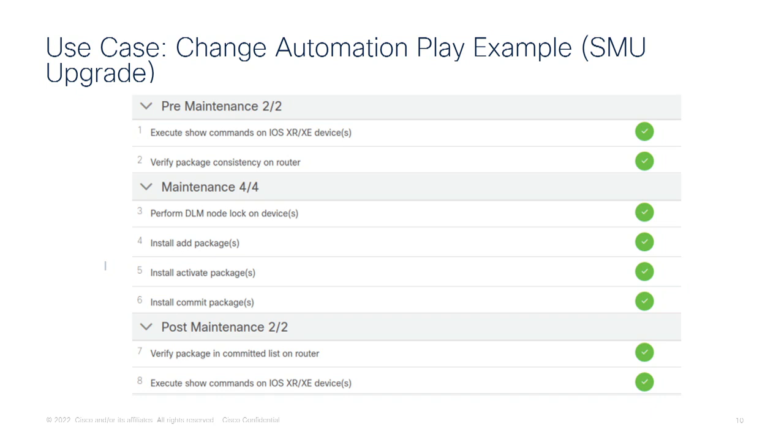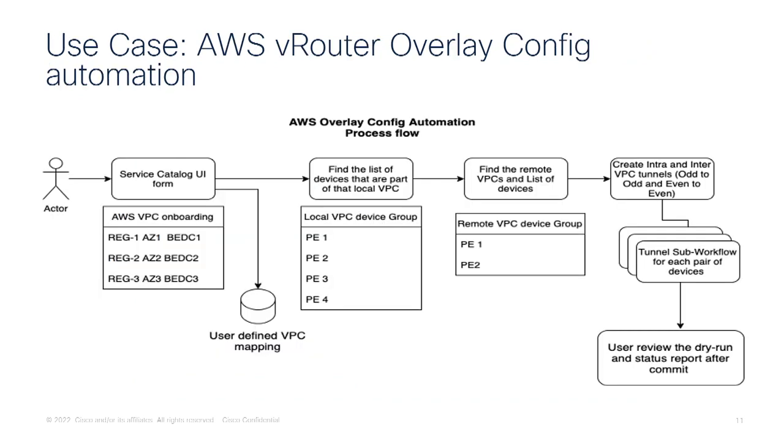Next, we'll move to the next slide. So this is an overlay configuration automation. The steps show the high level workflow, how we are doing it. The way we are pushing the overlay in AWS is we are building an overlay config, right? We are building a tunnel. All the BRs are talking inside the tunnel. We have all the routing protocols running, BGP, ISIS, and everything.